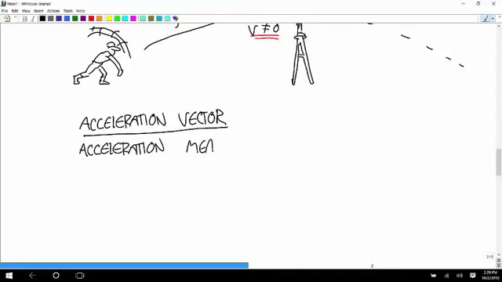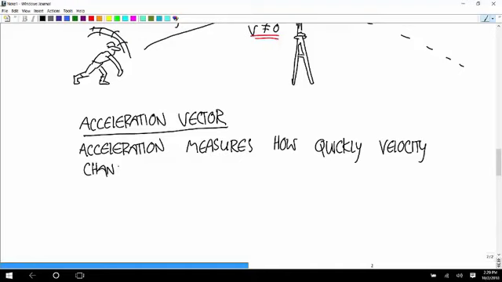So acceleration measures how quickly the velocity is changing. In parentheses here, that means that if the velocity doesn't change, the acceleration vector is 0.